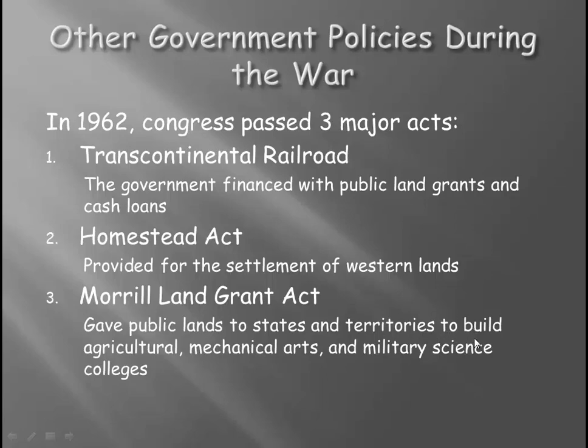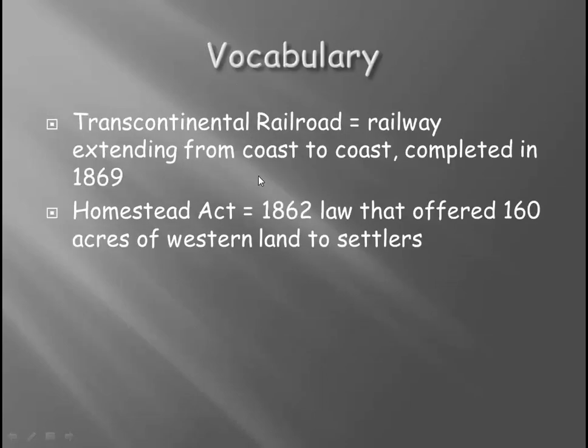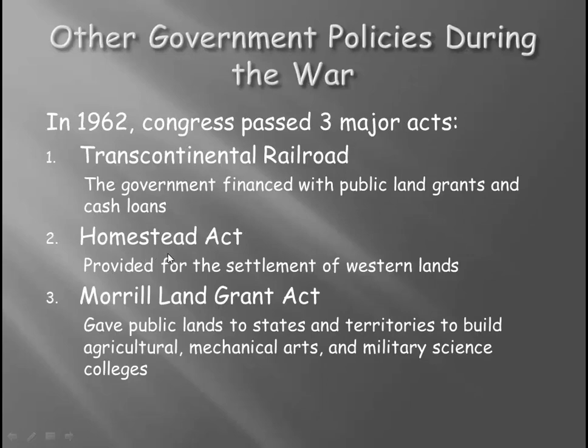Well, what kind of colleges out west? Agricultural, mechanical arts, and military science colleges. So all three of those deal with settlement out west, giving the railroads land and money, giving people basically free land for a small price, and then building of colleges so we can use the land.